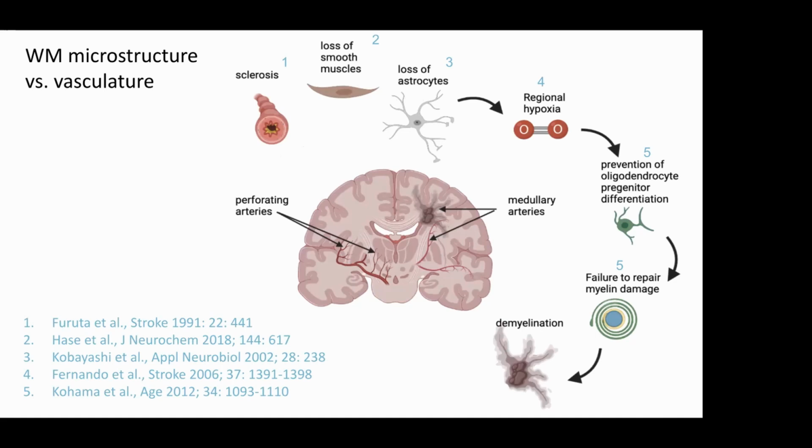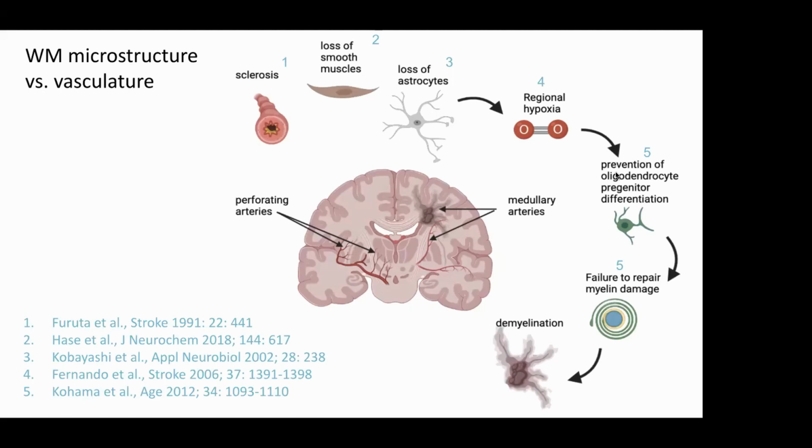This is not an exhaustive list, but this type of vascular change is known to induce regional hypoxia. In the previous talk, we saw that with reduced blood flow it is possible that there is a compensatory mechanism. But on the other hand, it is also very likely that the cells might simply starve of oxygen. So what happens when they're hypoxic in the white matter?